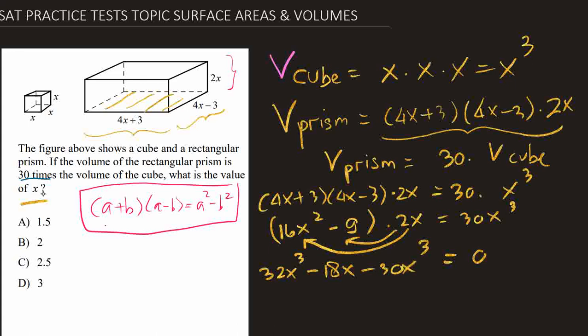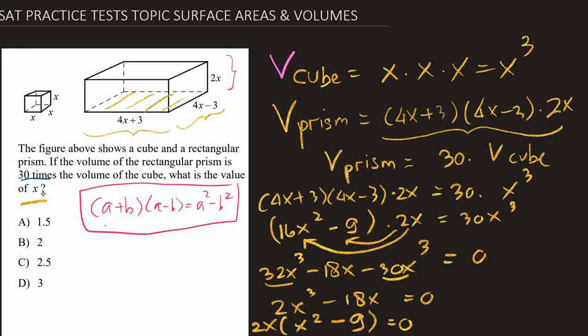So it will be 2x cubed, since 32 minus 30x cubed is 2x cubed, minus 18x equals 0. Since both have the common factor of 2 and x, we can take out the 2x. Then we can put the bracket. This will be x squared, because 2x cubed divided by 2x is x squared, and negative 18x divided by 2x is minus 9, equals 0.